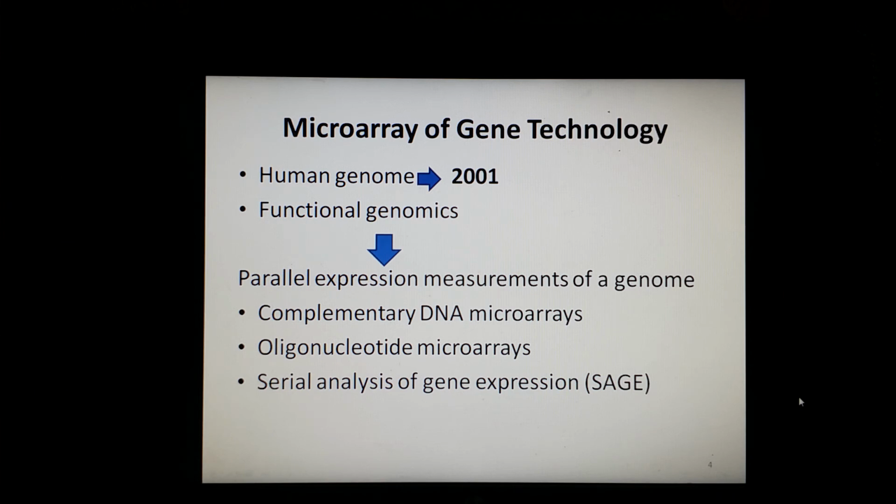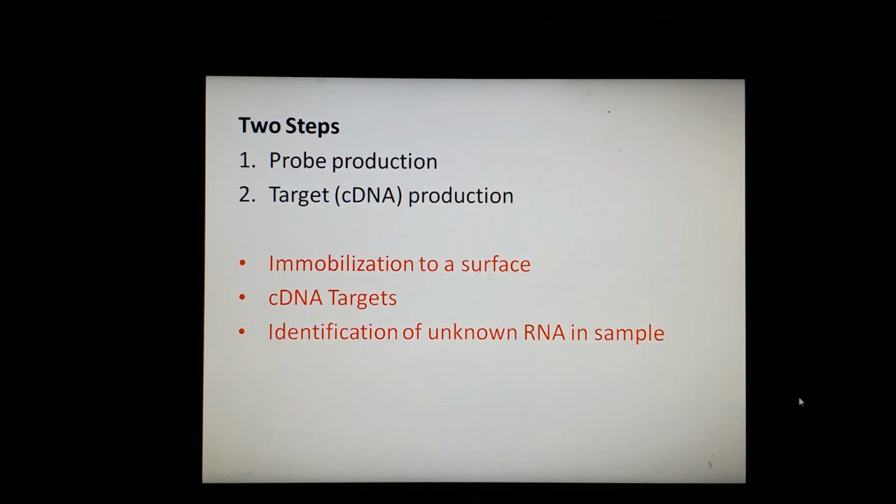The most common tools used to carry out these measurements include complementary DNA microarrays, number one; number two, oligonucleotide microarrays; and number three, serial analysis of gene expression, that is SAGE. Microarray analysis can be divided into two main steps. Number one is probe production and number two is target complementary DNA production.